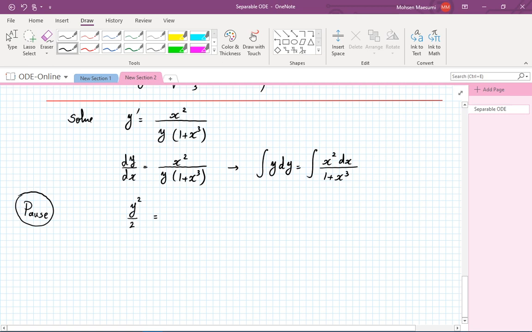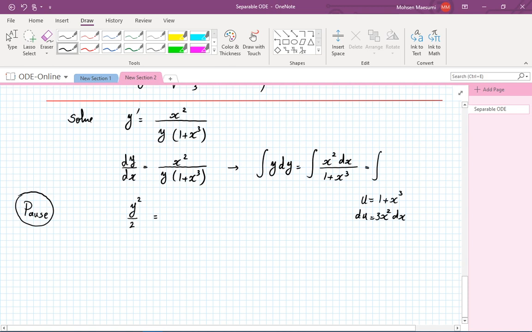So the way to handle this problem is by u substitution. We notice that the derivative of the denominator is closely related to the numerator, and that's a clue as to what substitution to use. So if I use u equals 1 plus x cubed, then du becomes 3x squared dx, and then this integral simplifies for me.